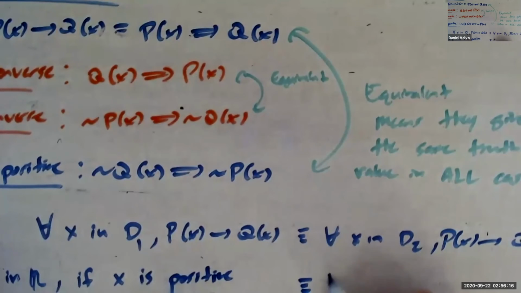Versus, wait, this is a bad example. I'm sorry to stop. I was not prepared for this.